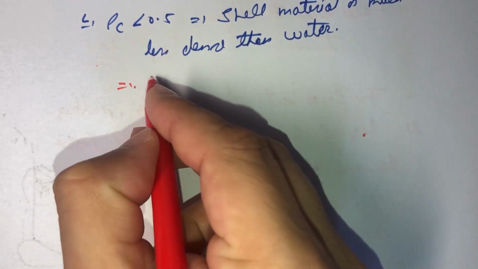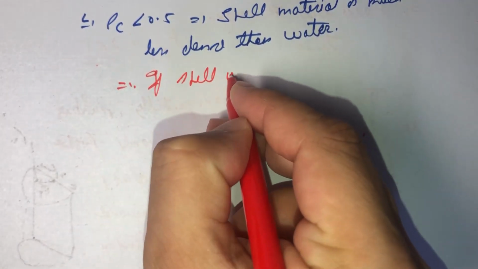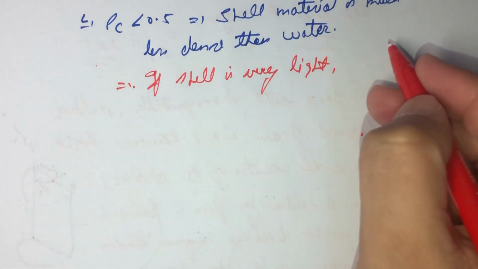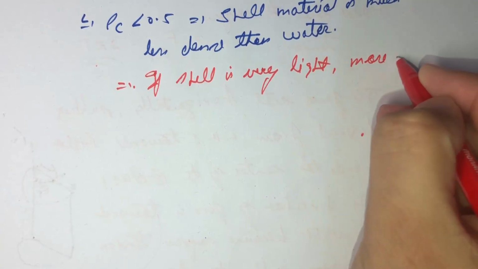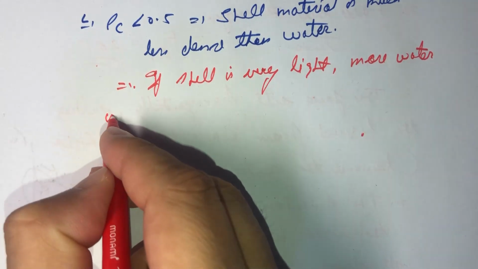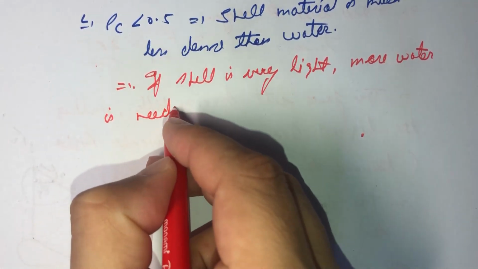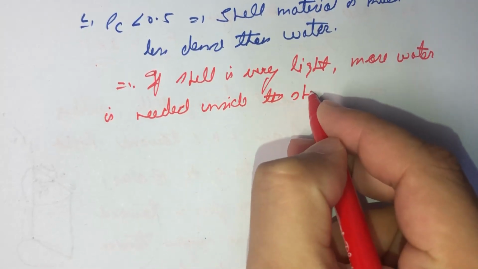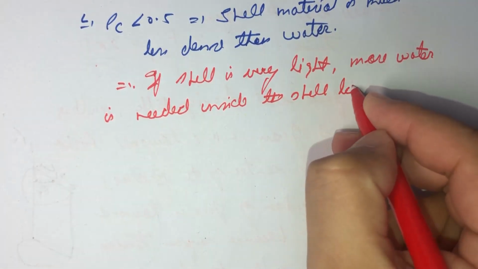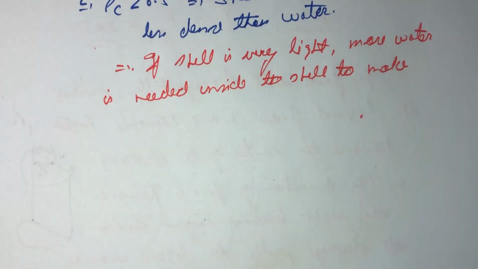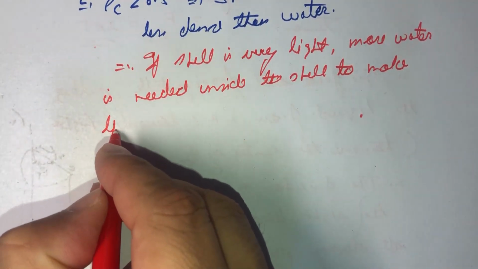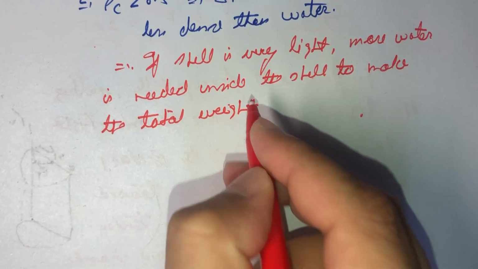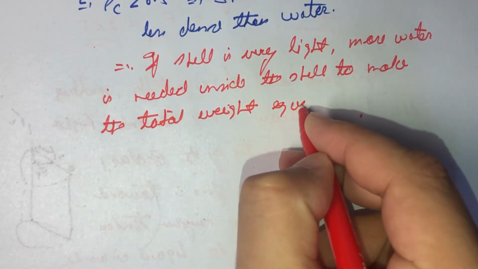So which means if the shell is very light, more water is needed inside the shell to make the total weight equal to the buoyant force.